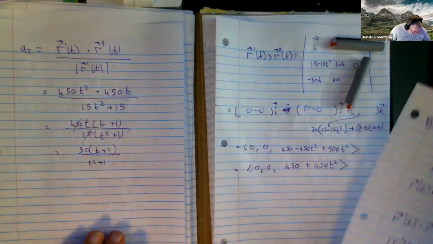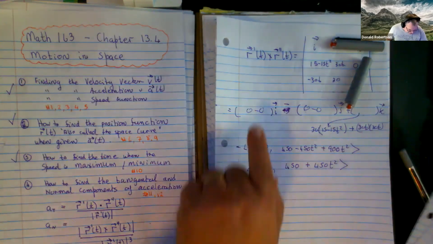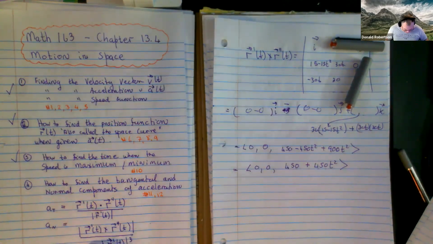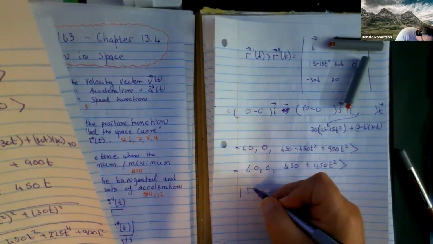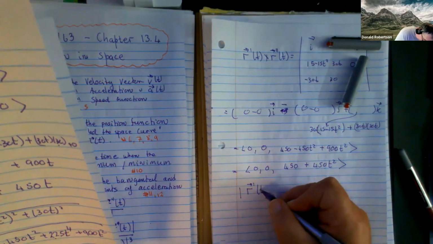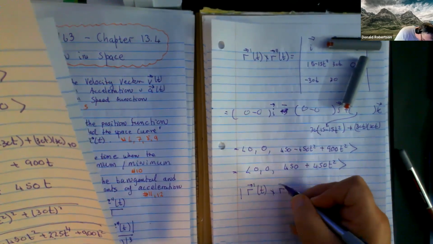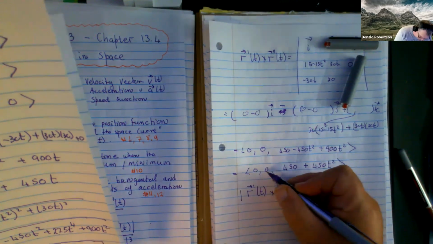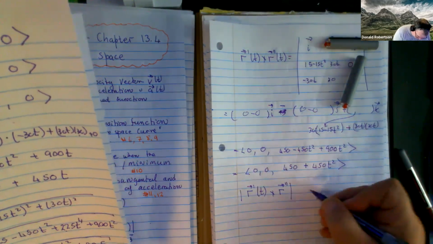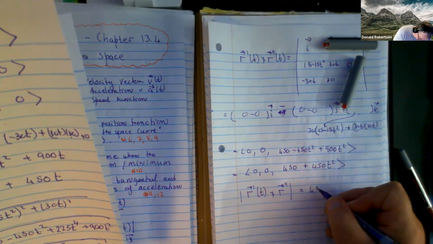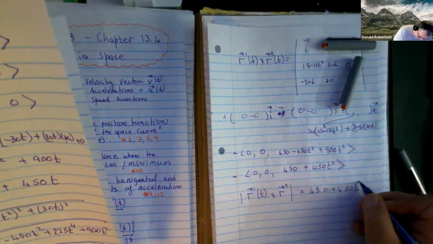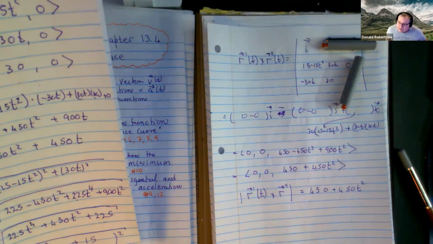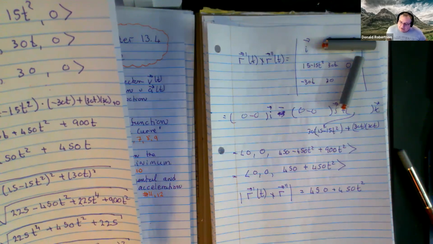Now the formula is not the cross product, but the magnitude of the cross product. So I need to find the magnitude of this vector. But instead of doing the typical square root of this squared plus this squared plus that squared, can't I simply tell you that it's this? How can I do that without any calculation?